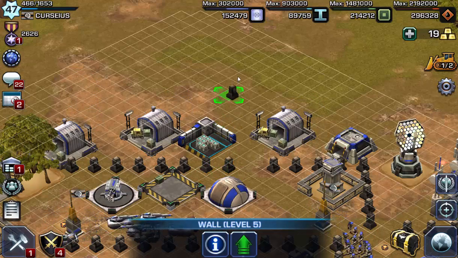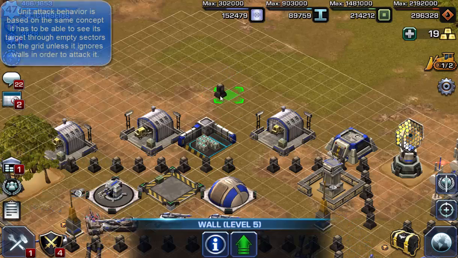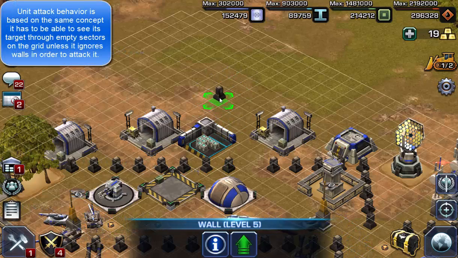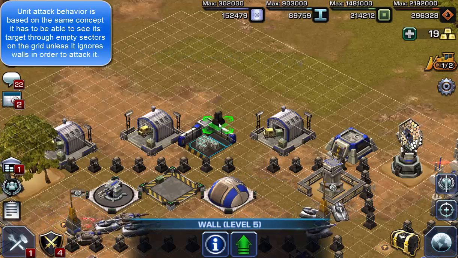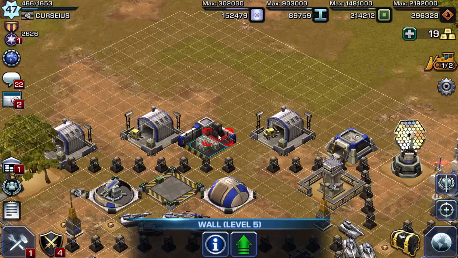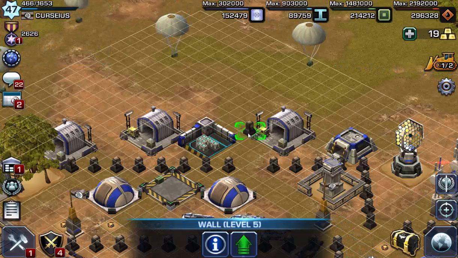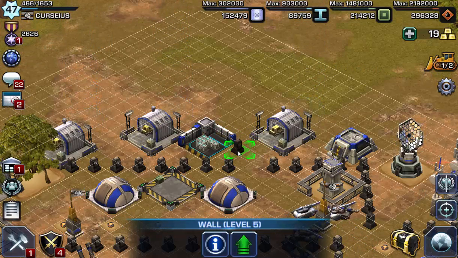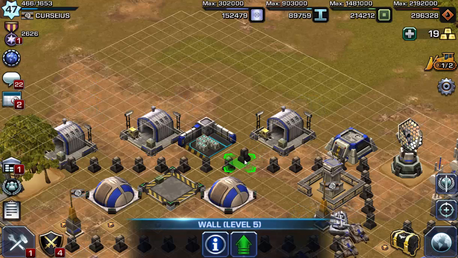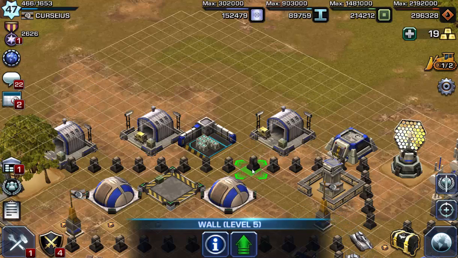So, we're just going to pretend the wall piece I have here is an enemy. The enemy has to pass through a sector, even though you don't see it moving like this, but this is how it's moving. It has to pass through a sector to get to a sector.